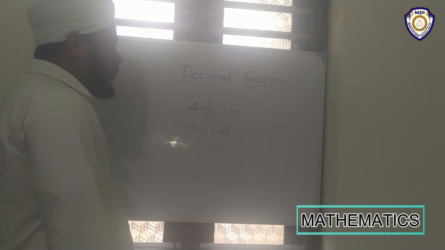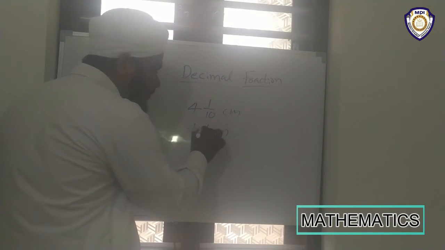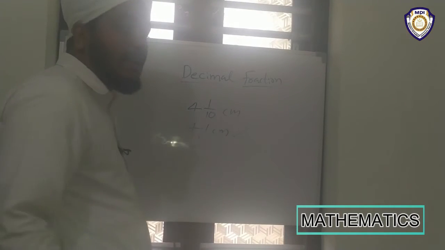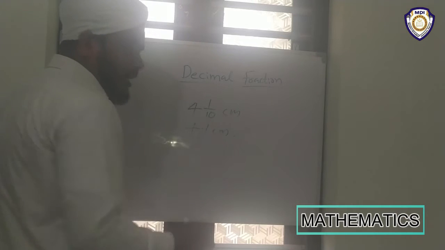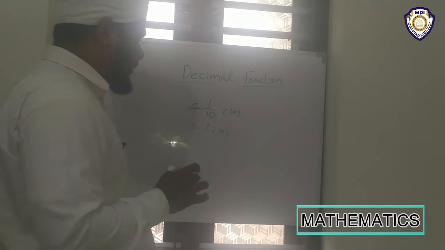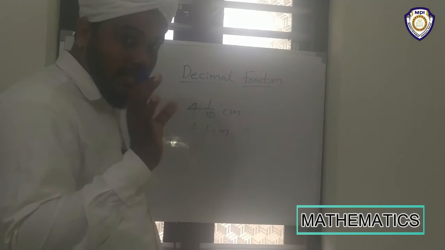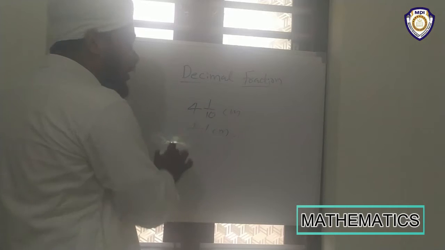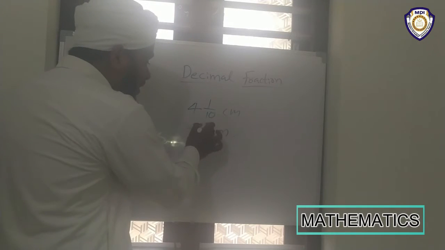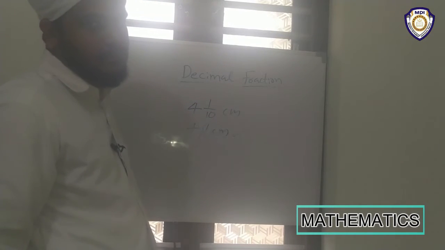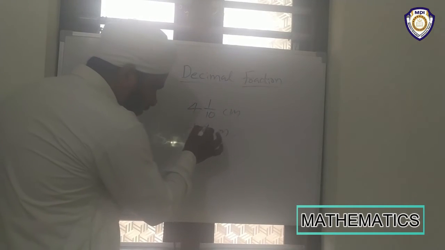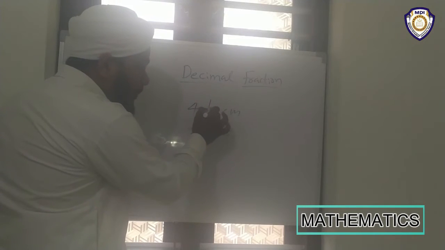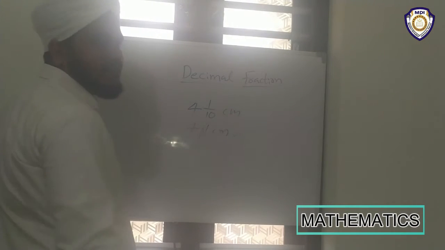This point is known as the decimal point. There are two parts to a decimal number: one part is the whole number part, the second part is the fractional part. This one is the fractional part, because instead of 1 by 10 we write only 1.